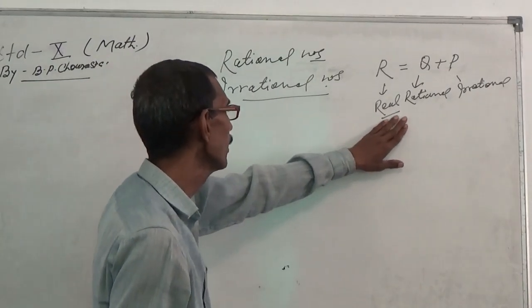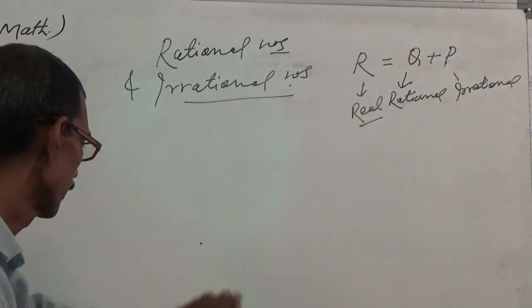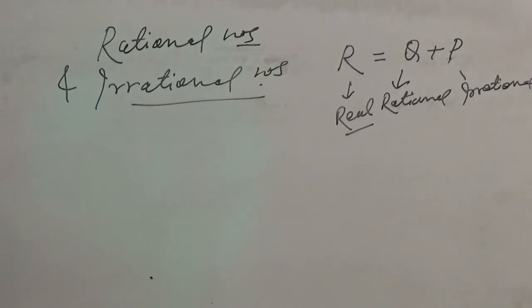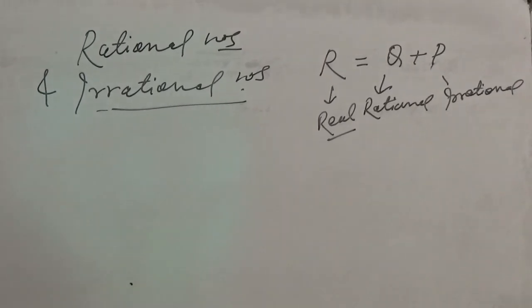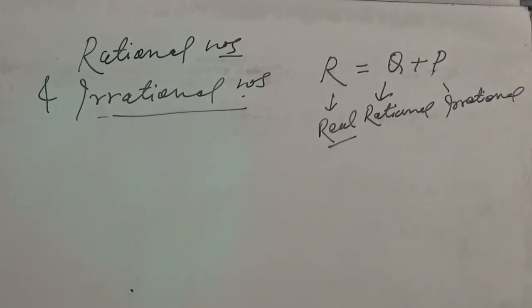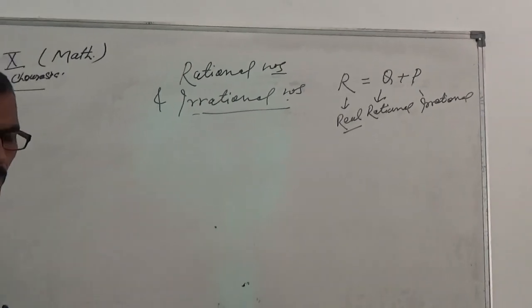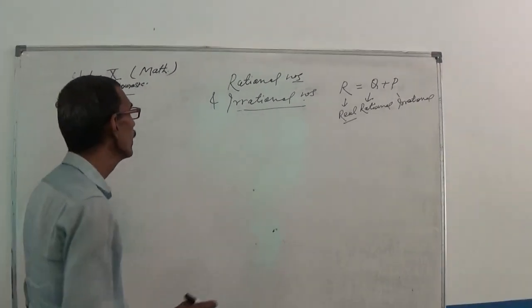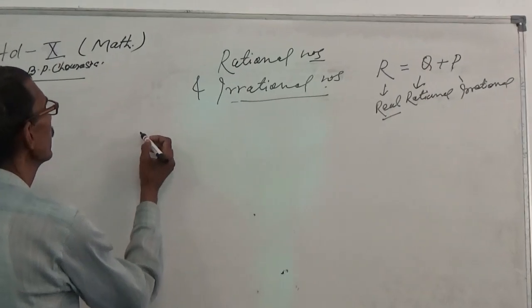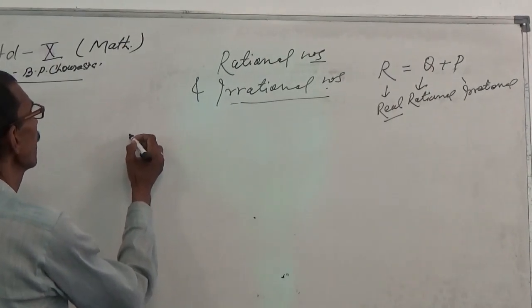Both are real numbers. You already know the properties and concept of rational numbers. Here you only have to discuss irrational numbers.